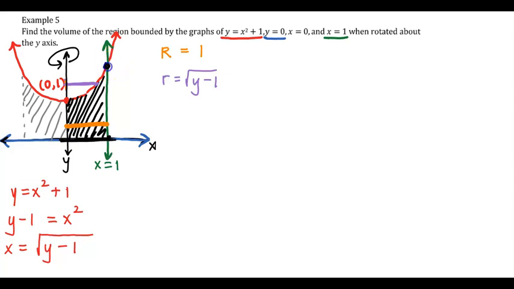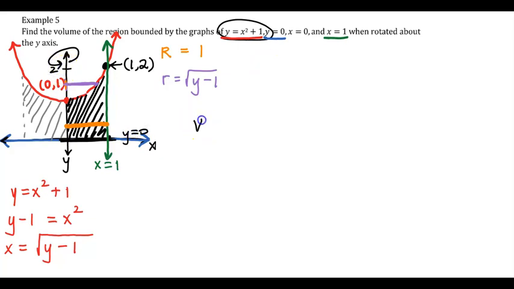So we need to know what the y coordinate is at that point. Well, I know the x coordinate is 1, and to get the y coordinate, I can simply plug 1 into the parabola. The parabola is y equals x squared plus 1, so 1 squared plus 1. When I plug in 1, I get out 2. So I know my limits of integration are from y equals 0 to y equals 2.